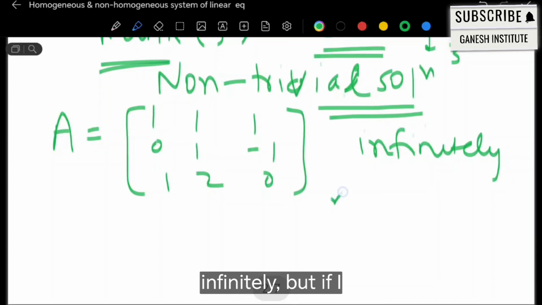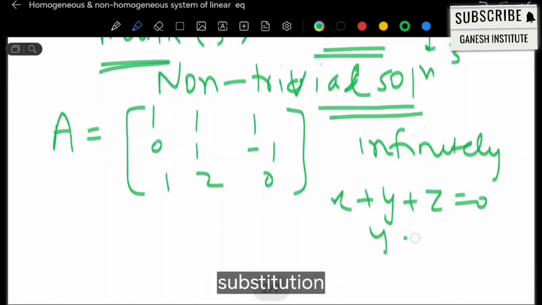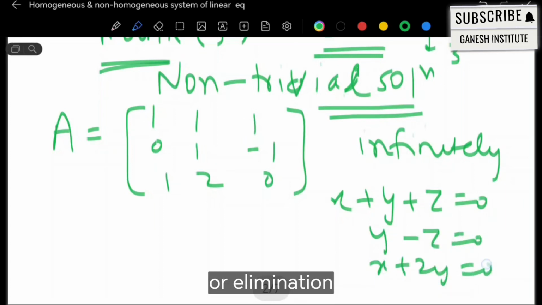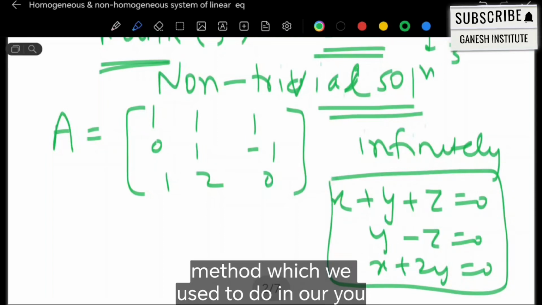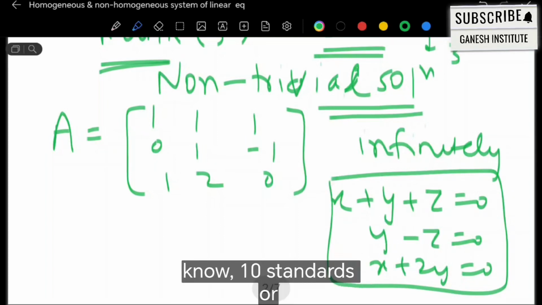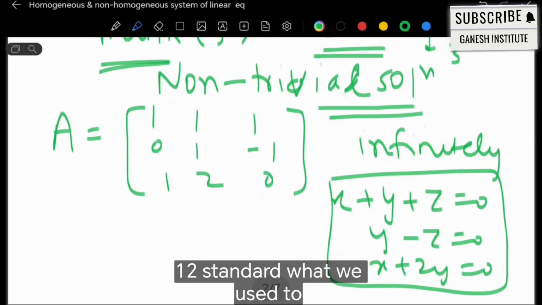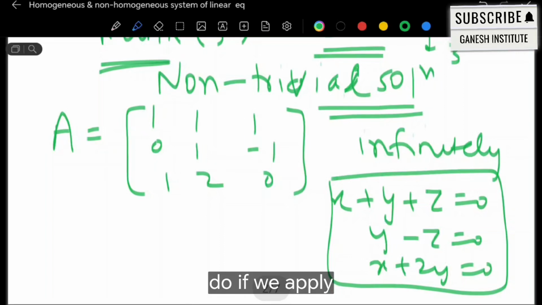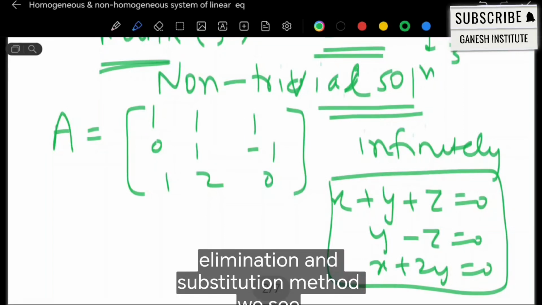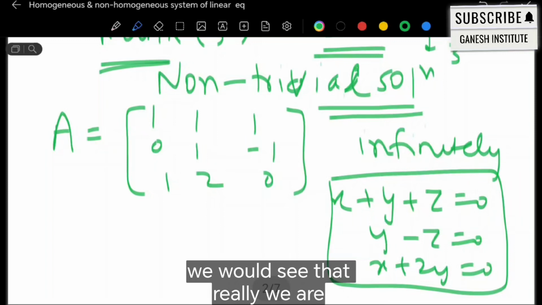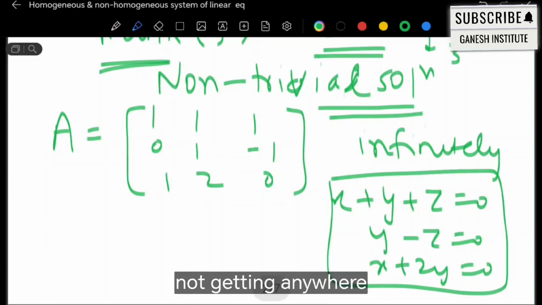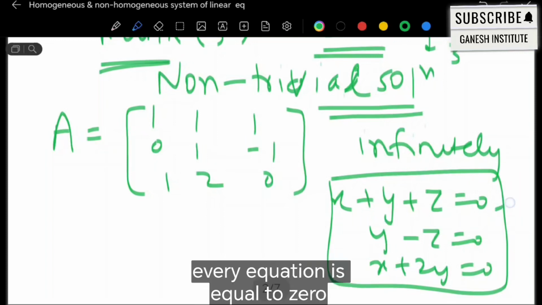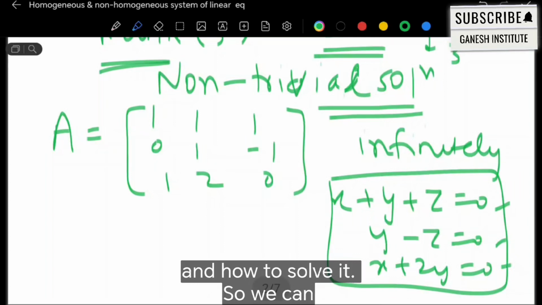But if I try the substitution or elimination method, which we used to do in our 10th standard or 12th standard, if we apply elimination and substitution method, we would see that really we are not getting anywhere. Every equation is equal to 0. And how to solve it? So we can apply this.